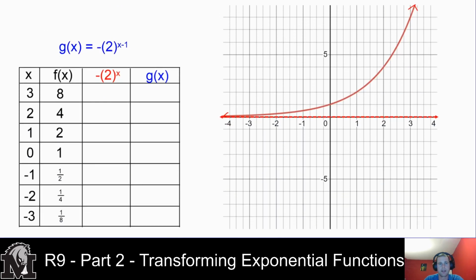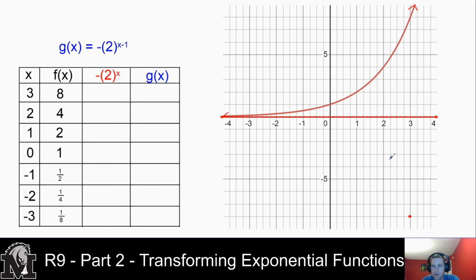Last but not least, again, we have multiple transformations. We have this reflection in the x-axis, then we're shifting horizontally. So we'll start with the reflection. So all of the y values now become negative. So this is 5, 6, 7, 8. So we go down to -8 down here.